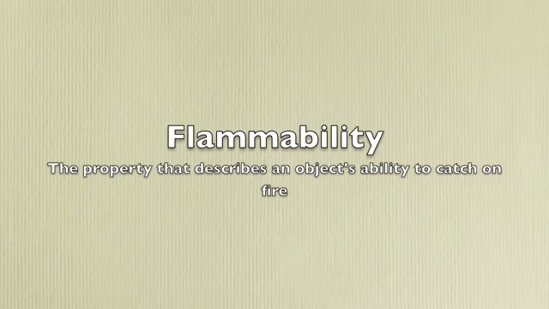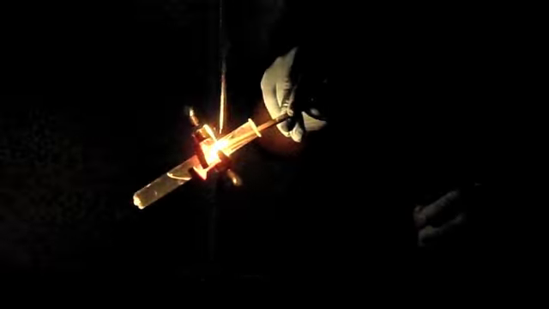This is the chemical property of flammability, which describes an object's ability to catch on fire. Now this is a demonstration of the flammability of hydrogen. Hydrogen is a flammable gas. This is what happens when something that burned was recently put out is put into oxygen. Oxygen is not flammable, however, it is an oxidizer, and it's as important in keeping a flame alive as the fuel, even though it isn't flammable.